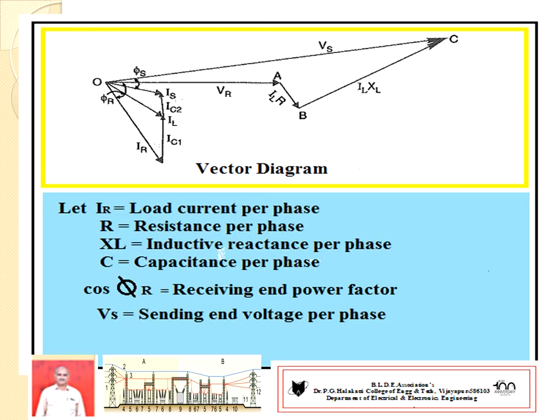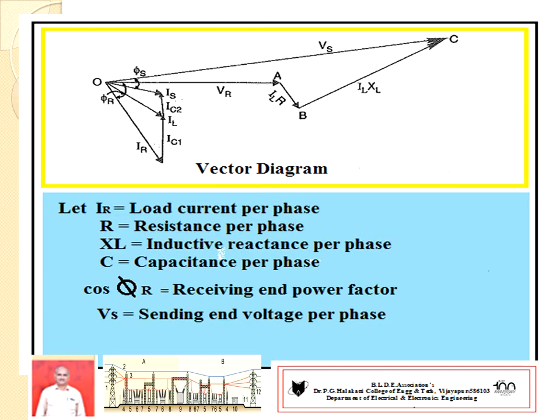You see the vector diagram; it is the same thing I explained. The load voltage, or receiving end voltage, is taken as reference, and IR is lagging by an angle phi r, the load side power factor angle.